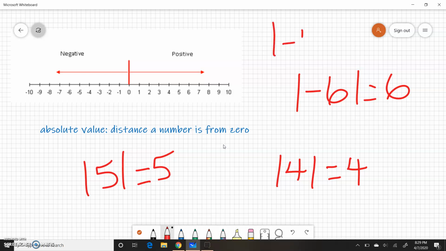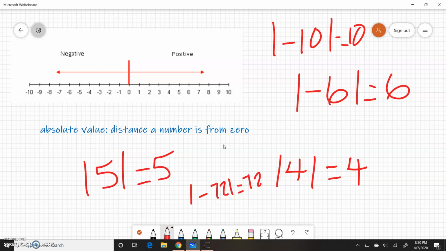What's the absolute value of -10? 10, because it's 10 spaces from 0. So something to keep in mind, absolute value is always written as a positive number. It's just how many spaces from 0 is that number. So if it's -72, that is 72 spaces from 0. So the answer to absolute value is always the positive version of the number.